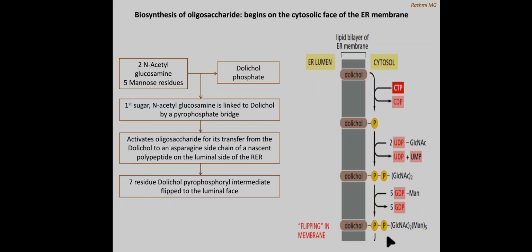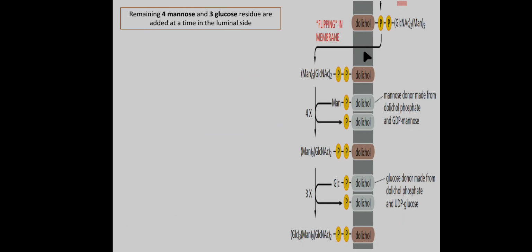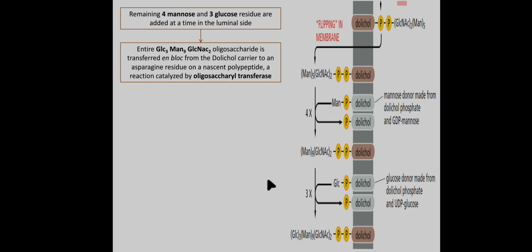It is flipped inside the ER lumen. See, the thing is flipped inside the membrane. Next, the remaining 4 mannose and 3 glucose. See here, 4 mannose and 3 glucose are added at the luminal side of the endoplasmic reticulum.